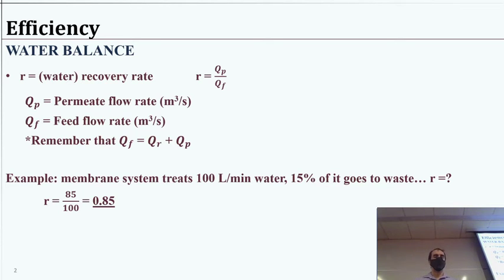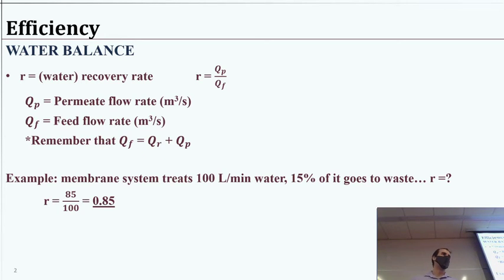So it all kind of depends on the situation, the context, how much fouling we're getting, and how we need to operate the membranes. Okay, so as an example, we could describe these in cubic meters per second or whatever. And of course, our total flow is going to be our feed flow.